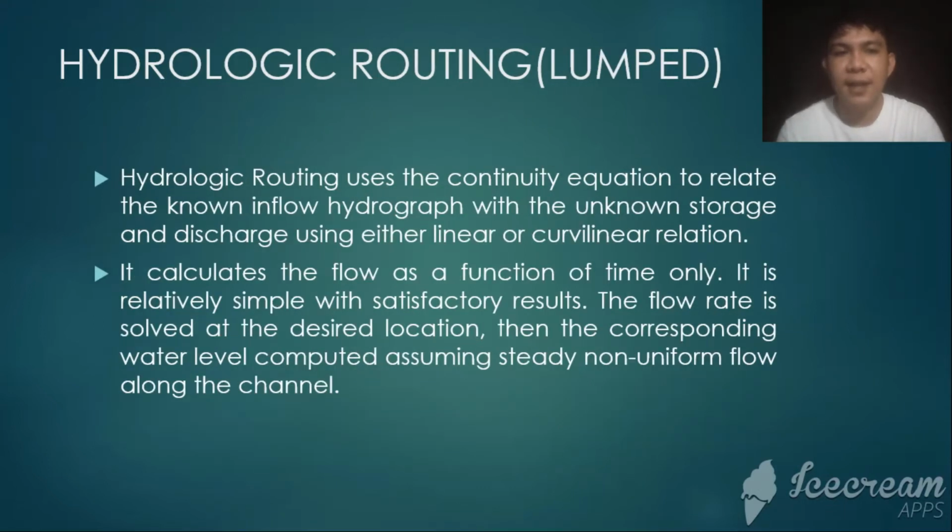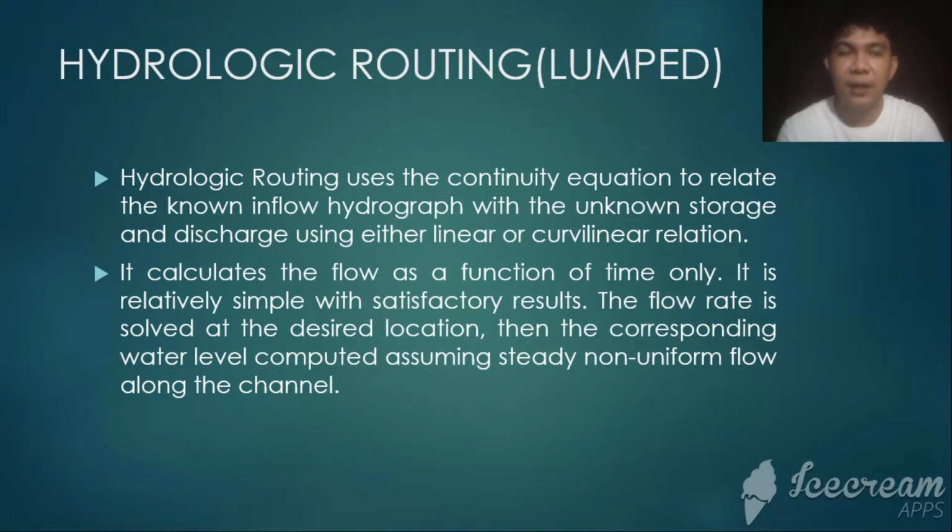Next is the hydrologic routing or the lumped flow routing. Hydrologic routing uses the continuity equation to relate the known inflow hydrograph with the unknown storage and discharge using either a linear or curvilinear relation. It calculates the flow as a function of time only.